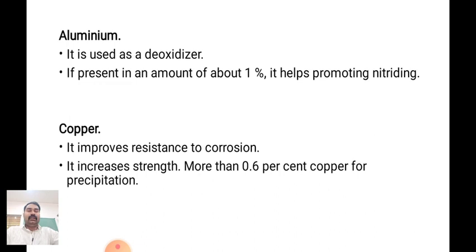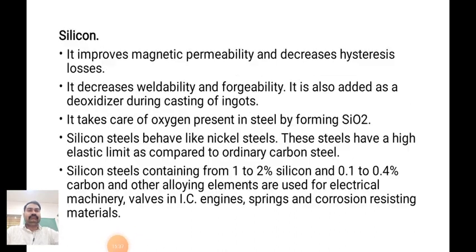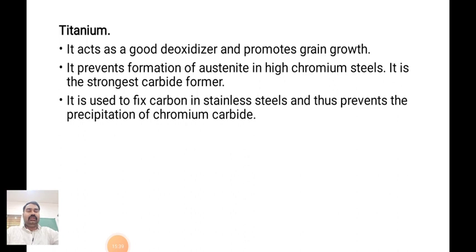It also has good corrosion resistance, so as we add copper in the steel, the corrosion resistance increases, and it has different uses in the electronic industry. Then the next type of alloying element is titanium.